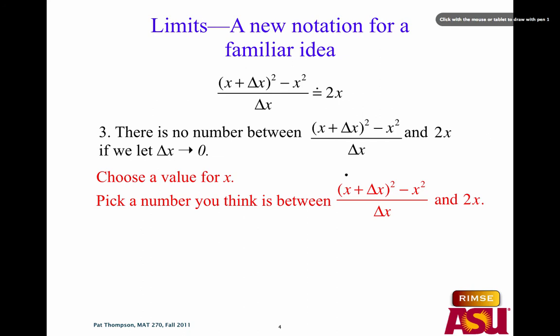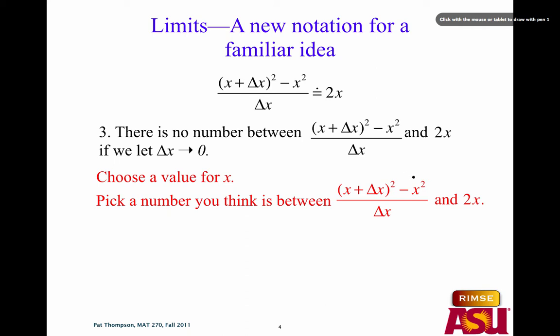So we did this on Wednesday for values of x equal to 5, right? So we plugged in a value for x equal to 5, and we got that this expression is 10. And for different values of delta x, we got different numerical values of this expression.